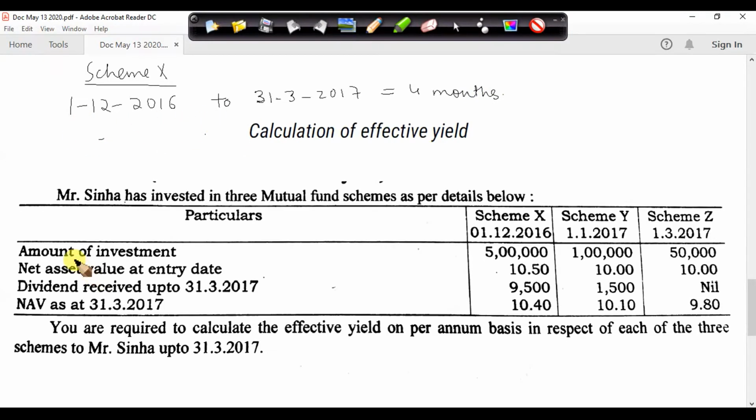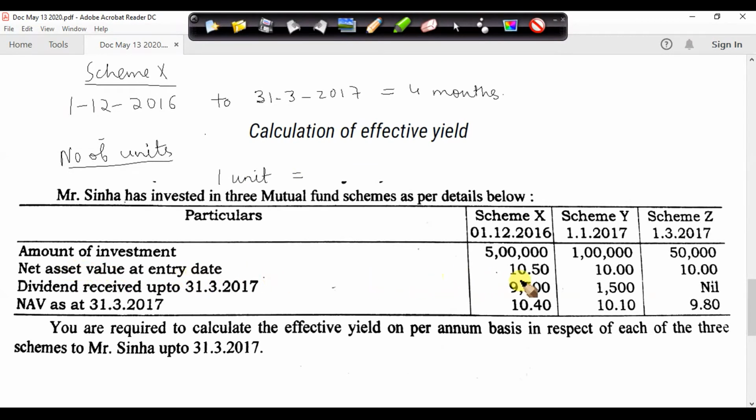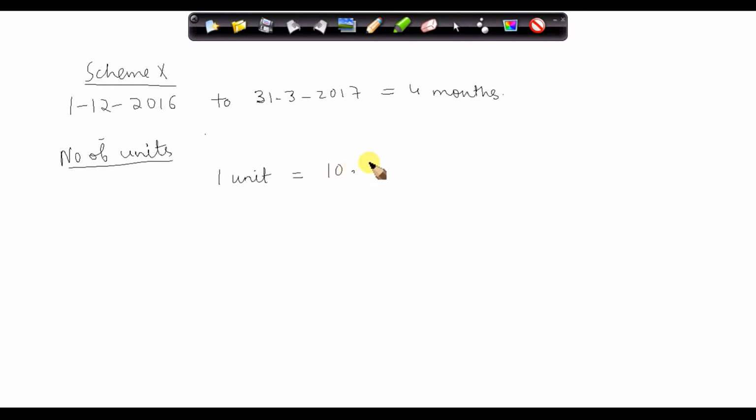Now the amount of investment is 5 lakhs and the net asset value at the entry date is 10.50. In other words, we have to find the number of units which the investor would receive. Now what they have said is that at the entry date, the NAV, that is the 1 unit, was costing 10.50 rupees.